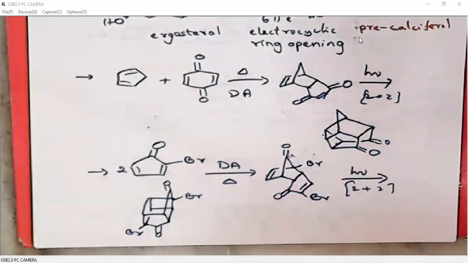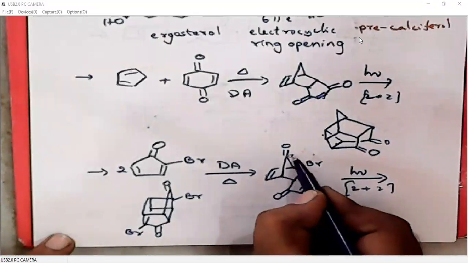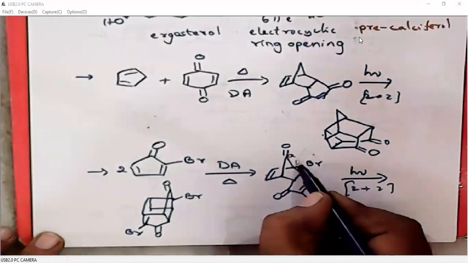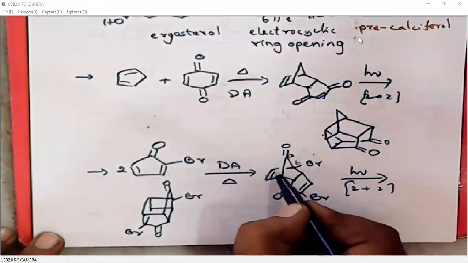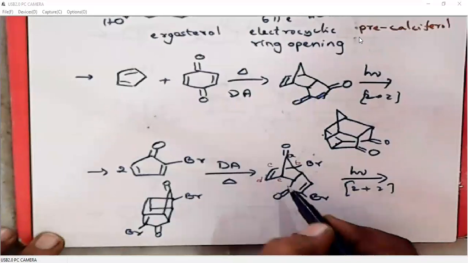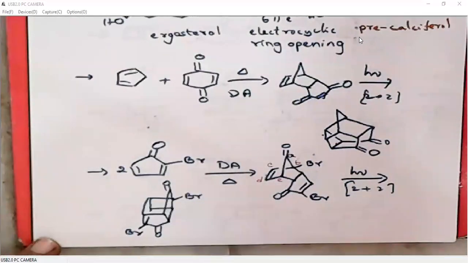A, B, C, D, E. This is the first 5-membered ring.